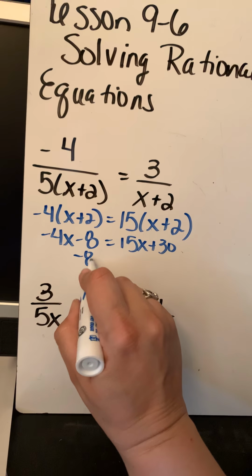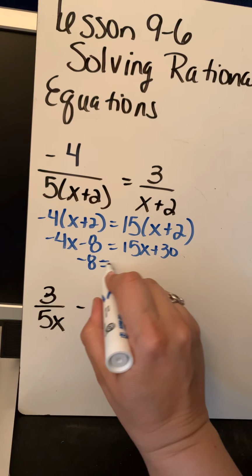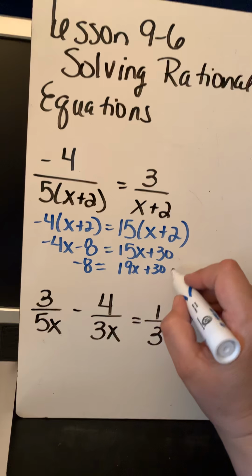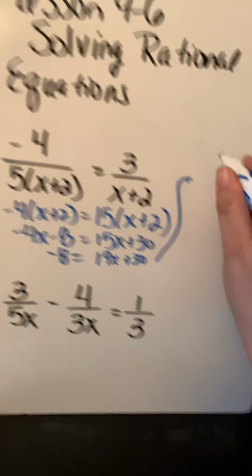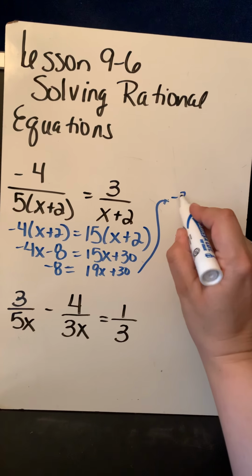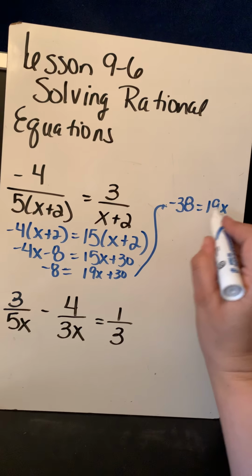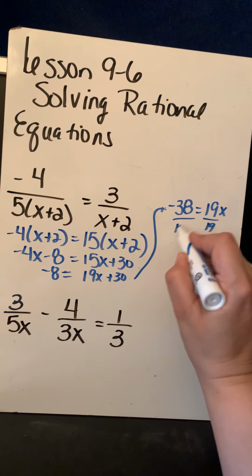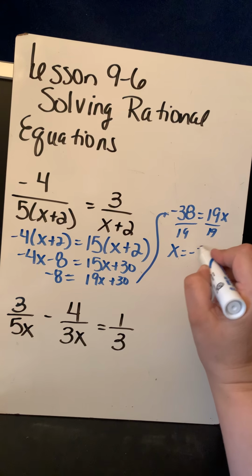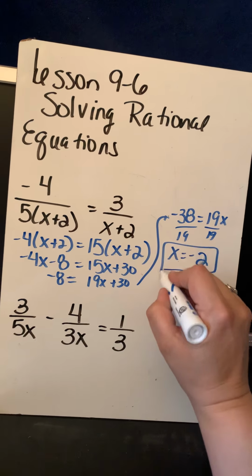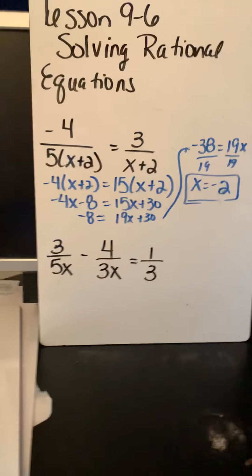So I got -8x, or -8 equals 19x plus 30. Subtract my 30 over. So I get -38 equals 19x. Divide by 19. X equals -2. Okay, so that's the solution I got.